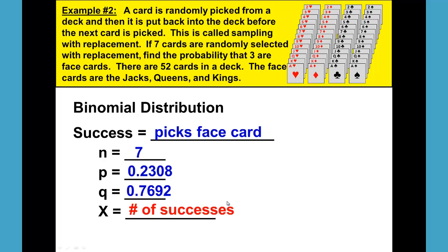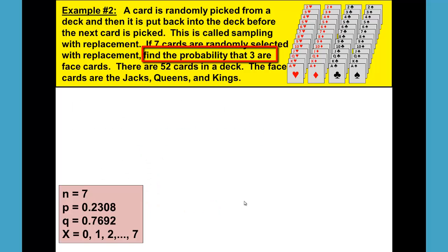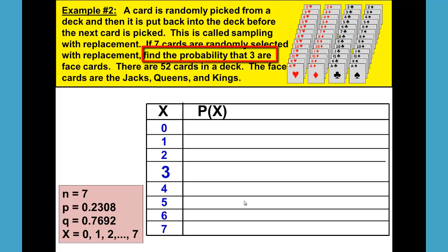And X's would be the number of successes, 0 through 7. We are looking for that 3 are face cards. So here are our numbers again from the previous screen and a table, and we're looking for exactly 3.